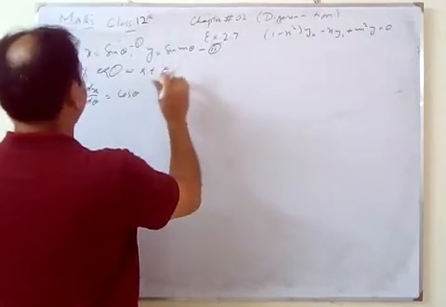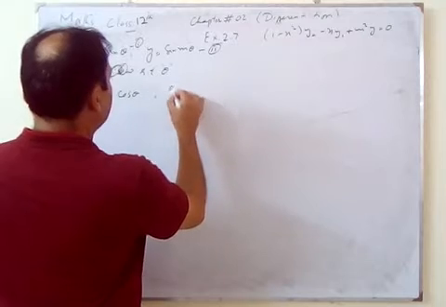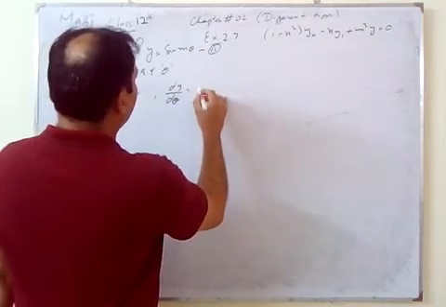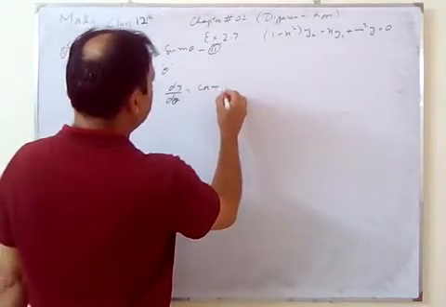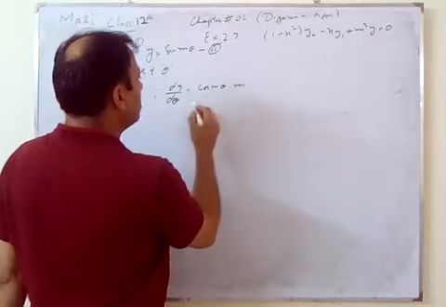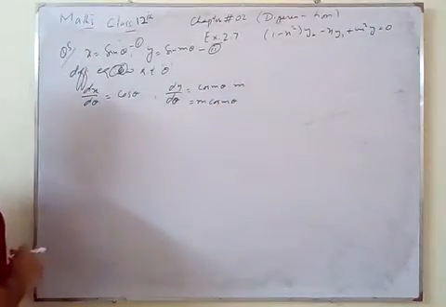So here we take equations 1 and 2 one by one. Here dy by d theta is equal to cos m theta into the derivative of m theta, that is m, so m cos m theta.